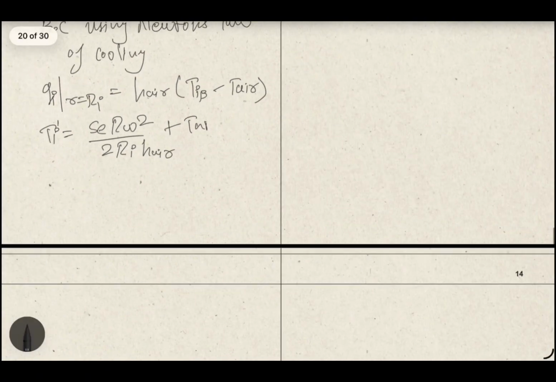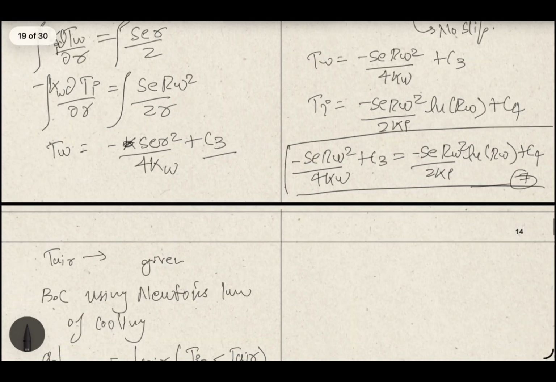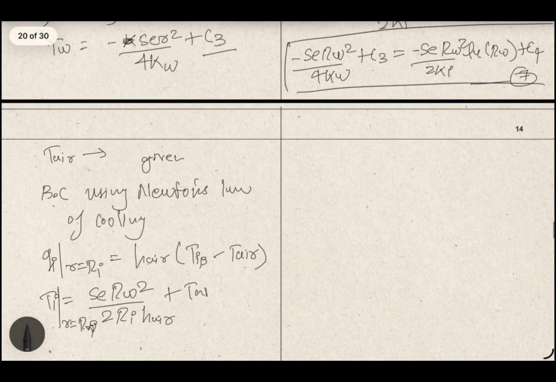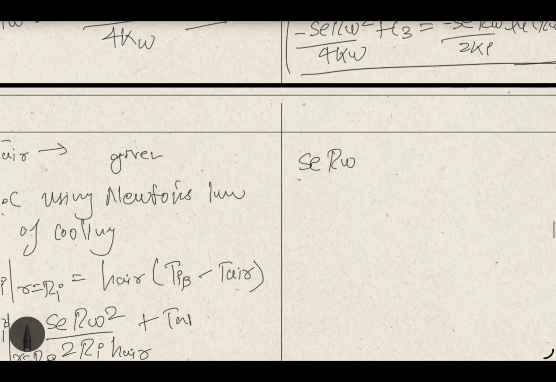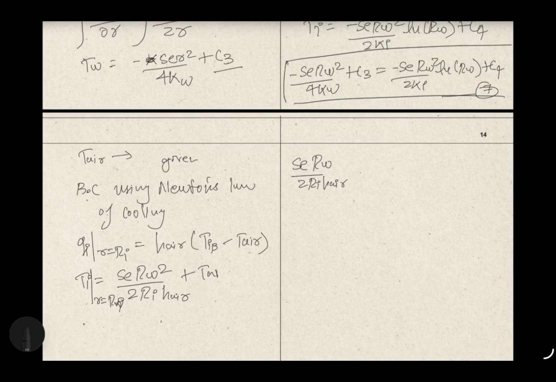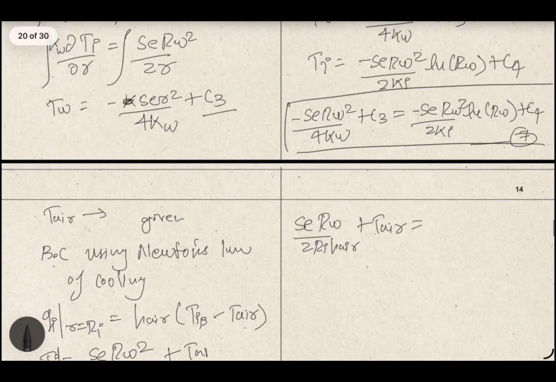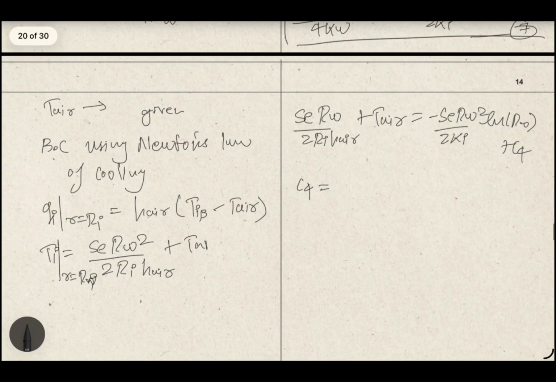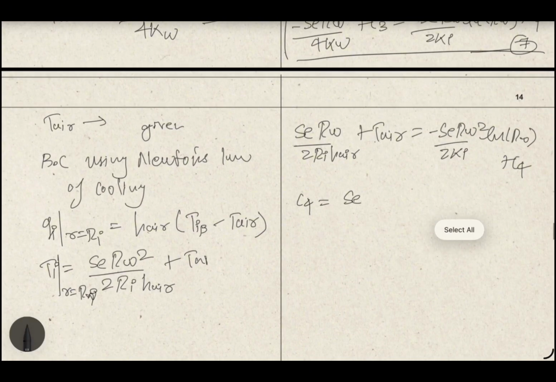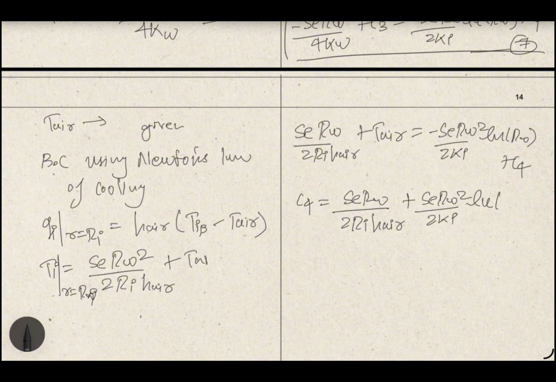This is the T_I at R equals R_I. So we will substitute that in the equation of T_I: S_E R_W^2/(2R_I h_air) plus T_air equals -S_E R_W^2/(2k_I) ln R_I plus C4. From that we get C4 as S_E R_W^2/(2R_I h_air) plus S_E R_W^2/(2k_I) ln R_I plus T_air.